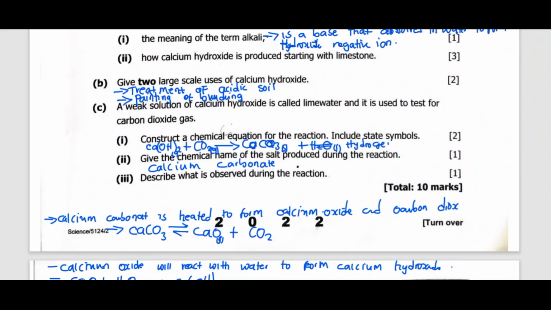So describe what is observed during this reaction. Bubbles will be produced. The bubbles will indicate the production of hydrogen since it's a gas. So bubbles will be produced. Okay, so it's hydrogen.